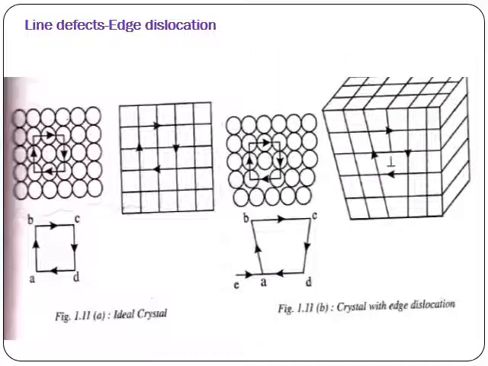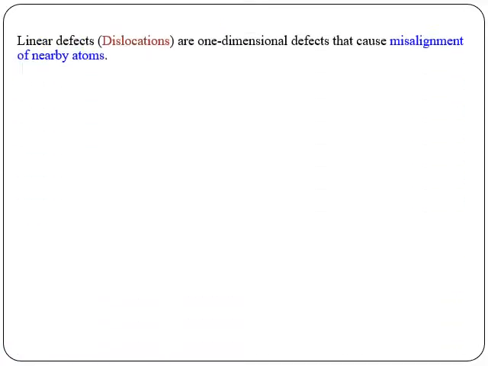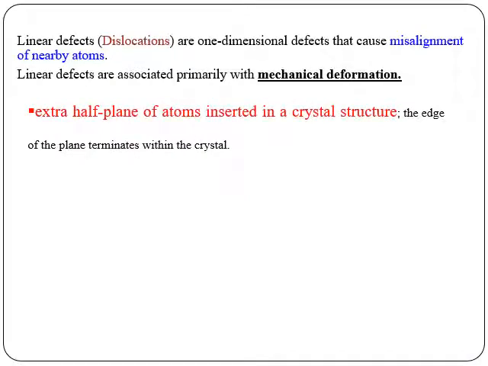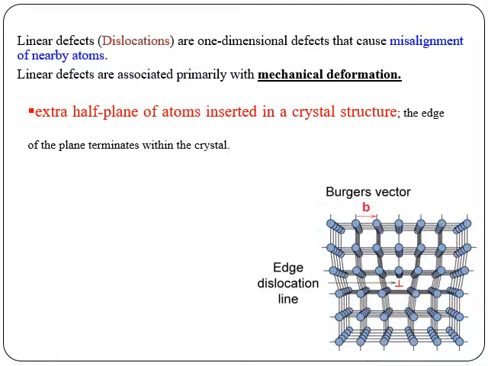To see the characteristics, we can read: linear defects are one-dimensional defects that cause a misalignment of nearby atoms. Those are primarily associated with mechanical deformation. An extra half plane of atoms is inserted in a crystal, or a plane of atoms abruptly terminates within the crystal.